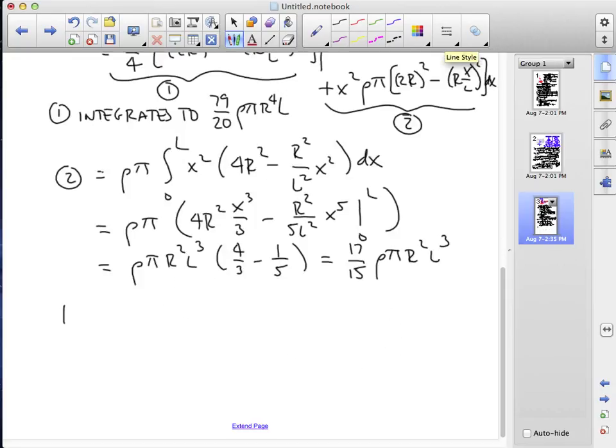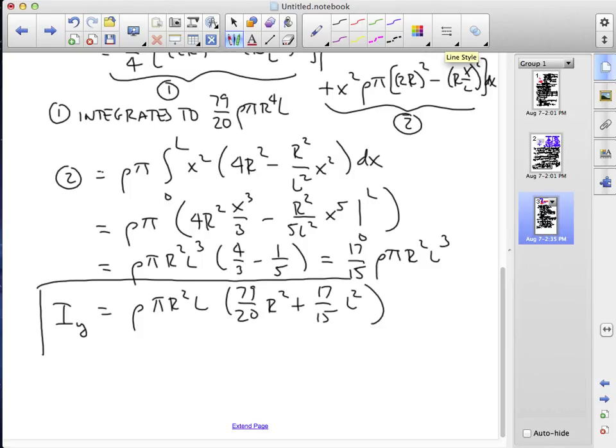Putting that all together then, we again get that Iy is rho pi r squared L times 79 over 20 r squared plus 17 over 15 L squared. So again, this is exactly the same result we had using our composite approach.